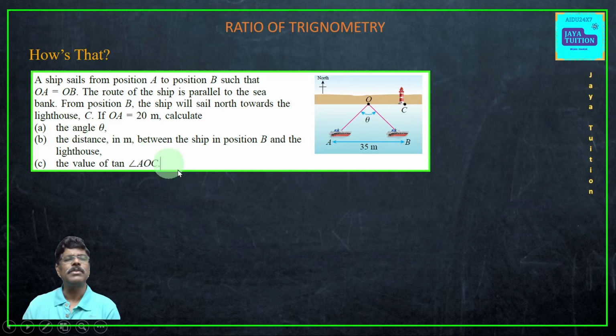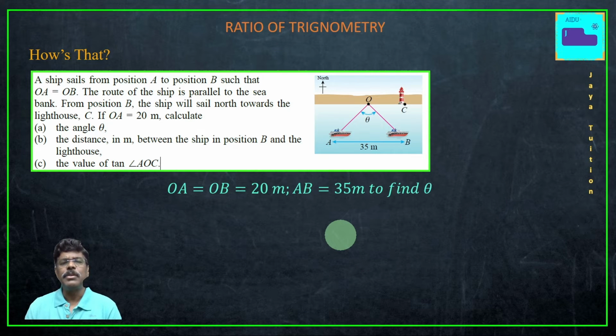We are required first to find the angle theta, then the distance in meters between the ship at position B and the lighthouse. The lighthouse is at point C, so this distance BC we have to find out, and also the value of the angle AOC. So this is basically an application question based on the ratios of trigonometry, Form 3 syllabus and Form 5 syllabus.